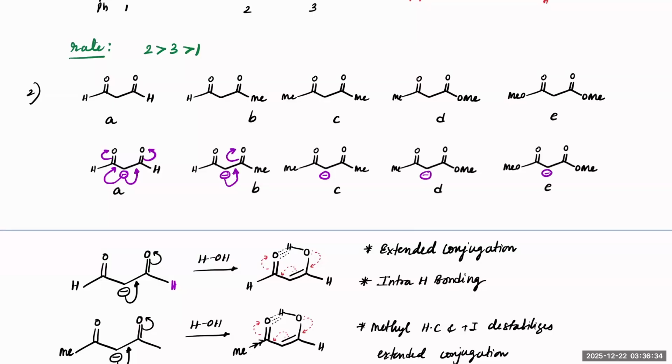and then C minus. Next here, the same resonance can be observed on both sides, correct? Here also the same thing, resonance can be applied in both directions. Here also you'll have O minus or O minus. Here also CO minus and here also CO minus.